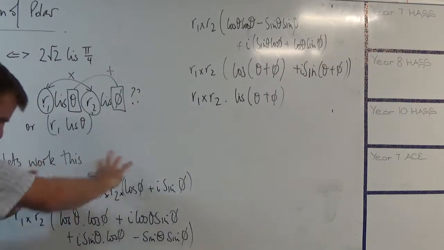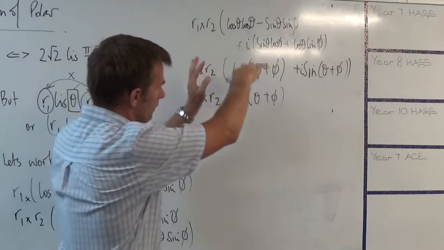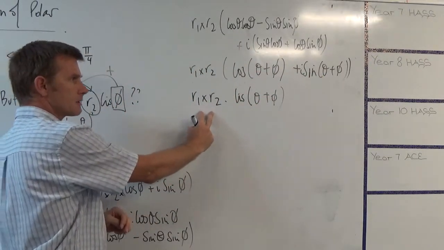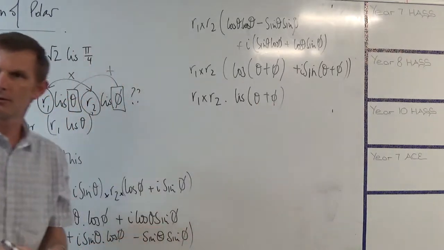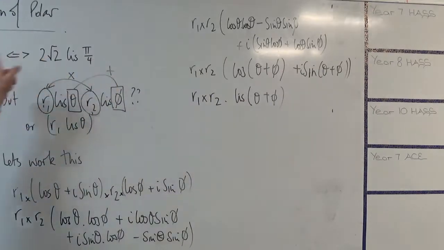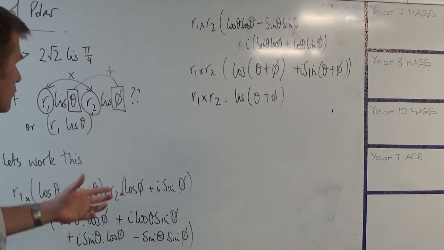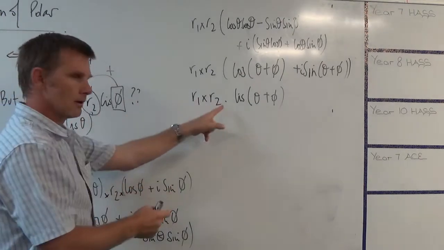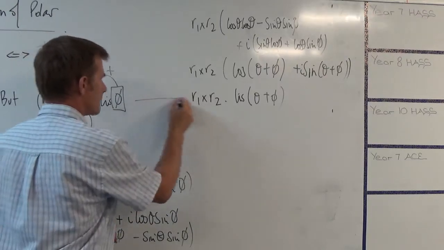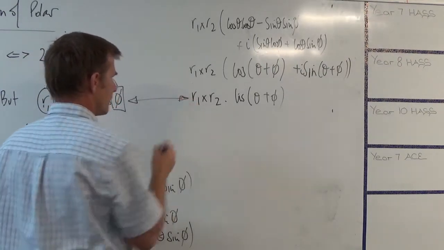And you've seen that we expanded out, we played around, we got it the right way around, we got here. Multiply the modulus, add the argument. So that's a nice little neat trick. You don't have to do this every time or convert to rectangular and then do your multiplication. You can just know the trick and do that. Really that's our formula right there, isn't it? That works for us right there.